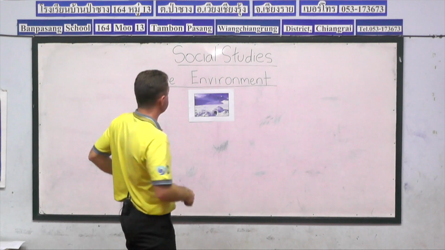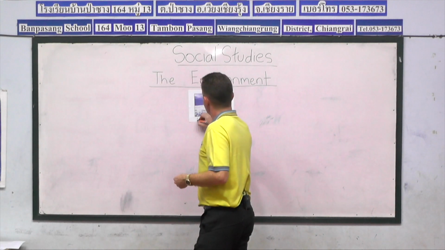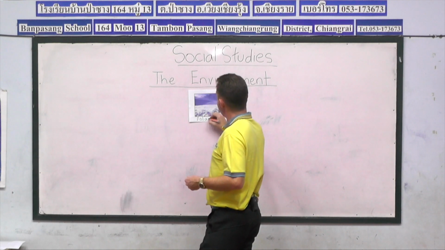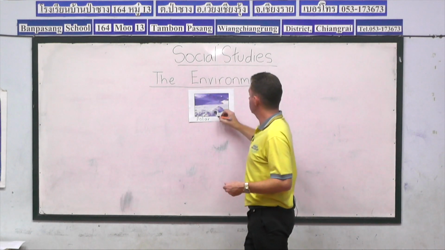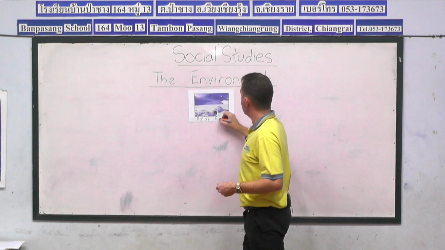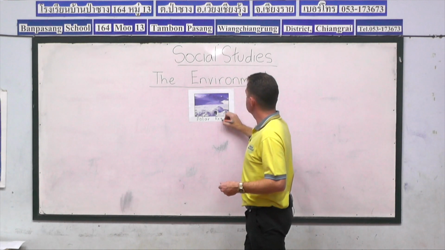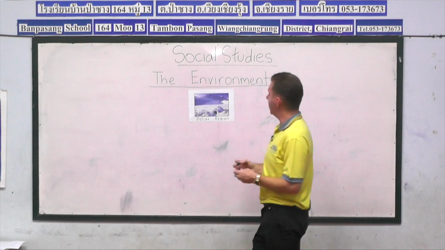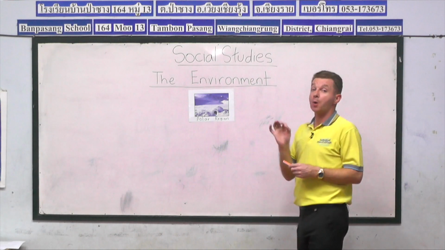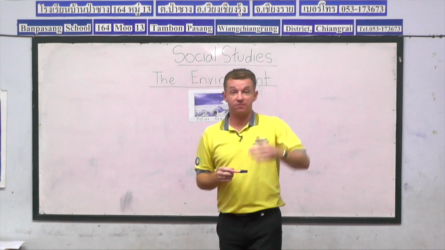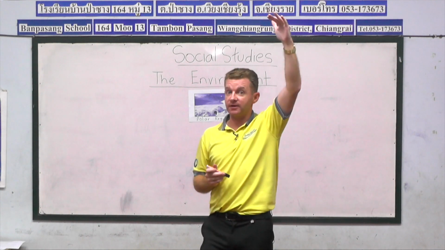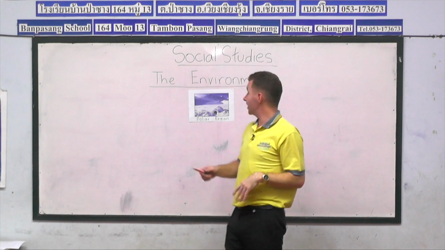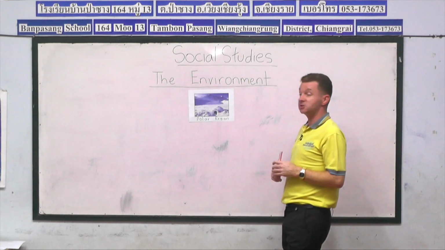Polar, P-O-L-A-R, and region, R-E-G-I-O-N. Now, there are two main polar regions on planet Earth. North Pole, the Arctic, and the South Pole, the Antarctic. We refer to both as polar region.